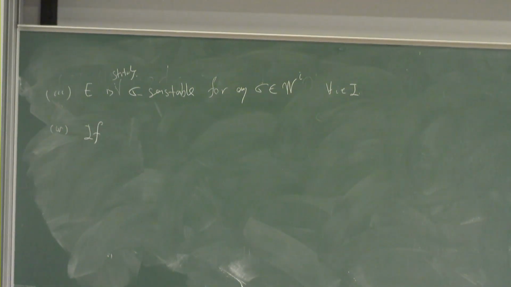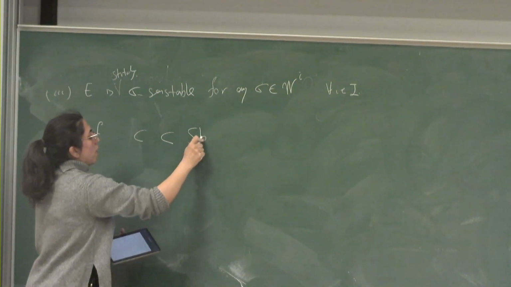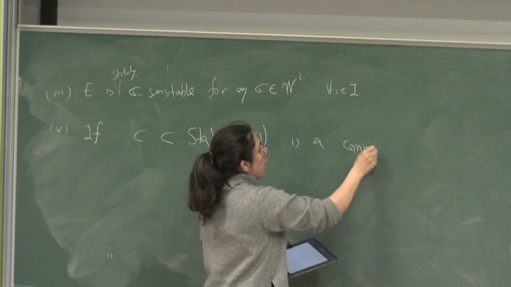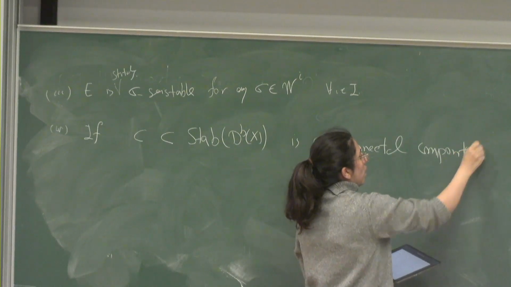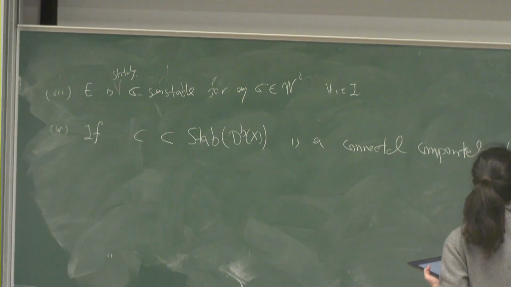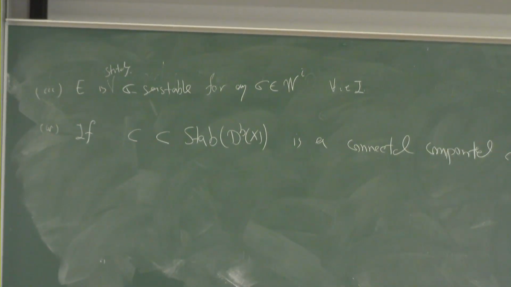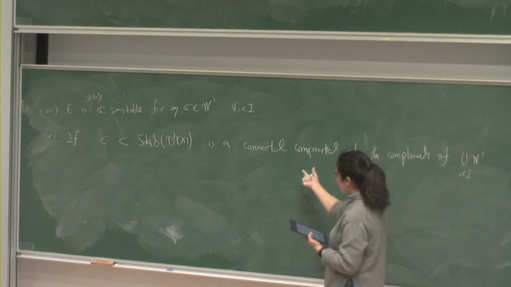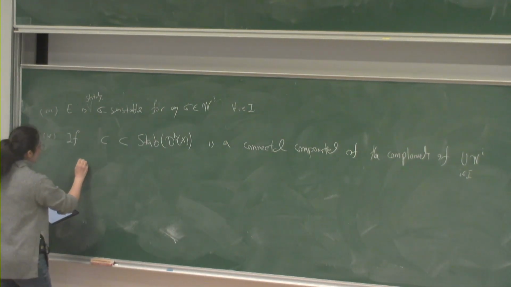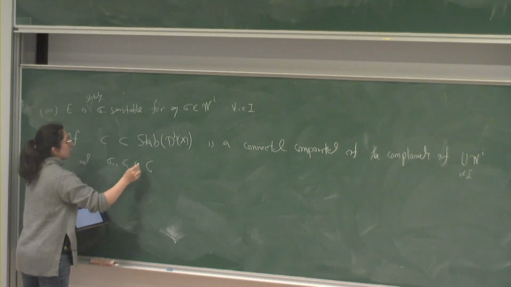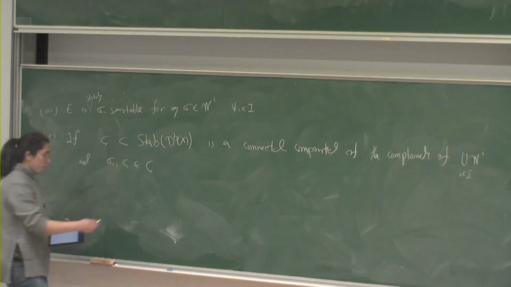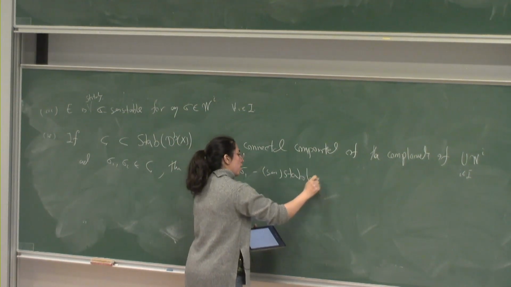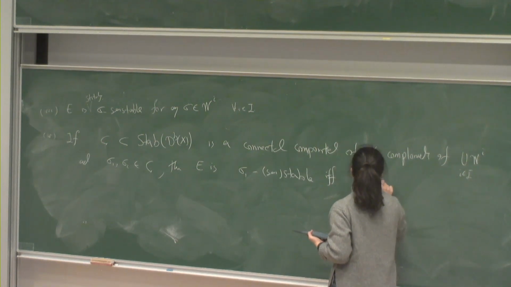It just says that if I look at a connected component C inside this Stab(D^b(X)) of the complement of these walls, that is, I look at the union of all these W_i's, take the complement, and then a connected component of that, and pick two stability conditions sigma 1 and sigma 2 in this C, then my fixed object E is sigma 1 semi-stable if and only if E is sigma 2 semi-stable.